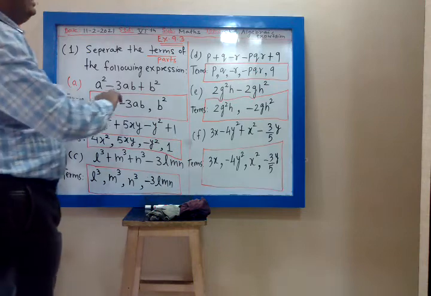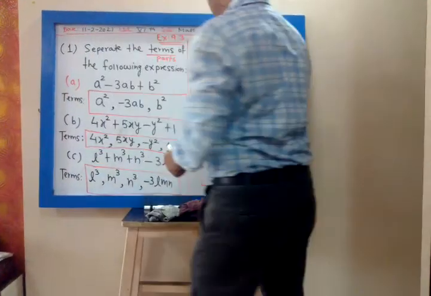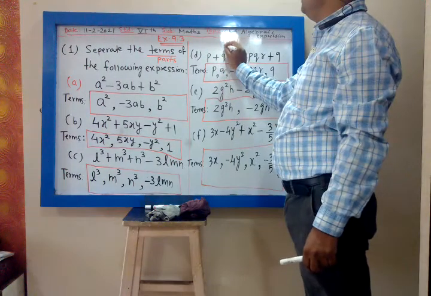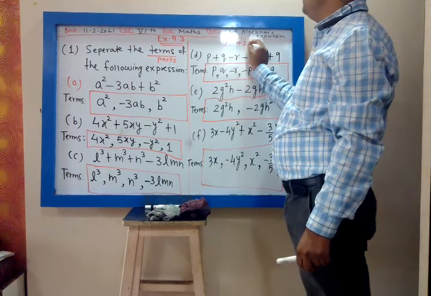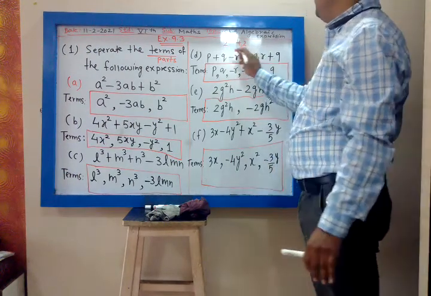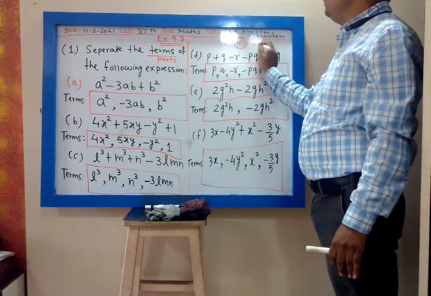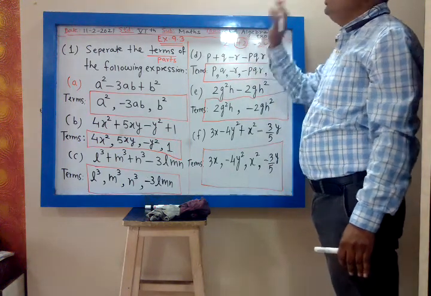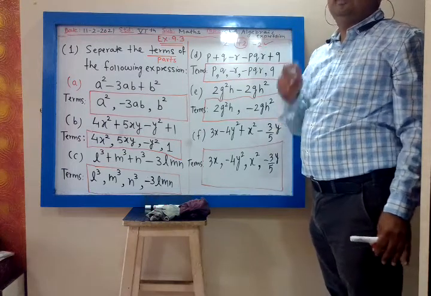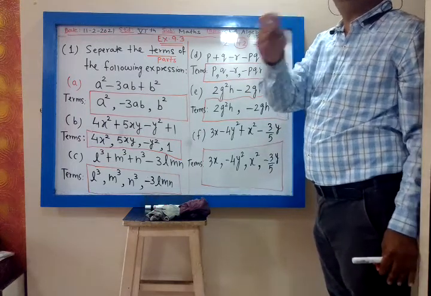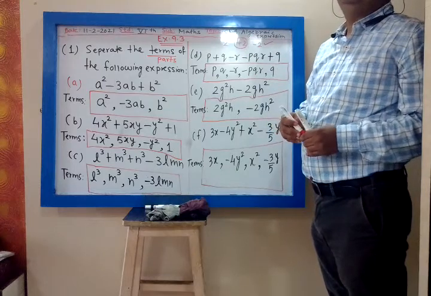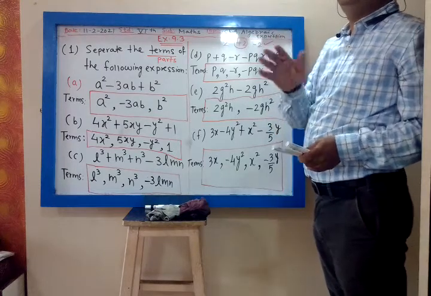My dear, see here, in mathematics we write 2. We don't write plus 2. And if it is minus 2, we write it. But we don't write plus 2. In mathematics, no sign means plus sign. Is it clear?